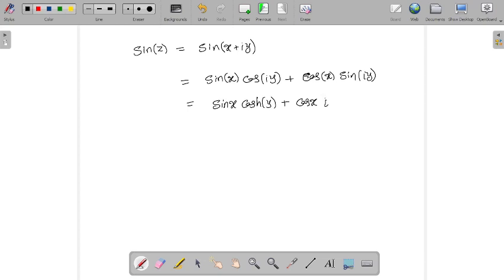Therefore finally this is what we get: sine x into cosh y plus i times cos x into sinh y. Okay, so this is what sin z is.